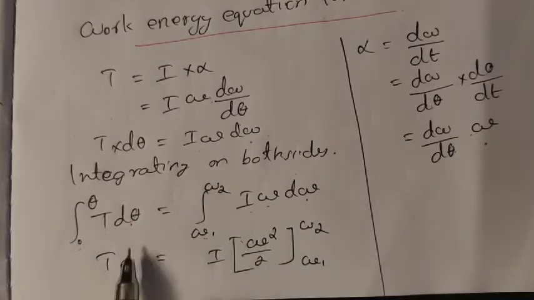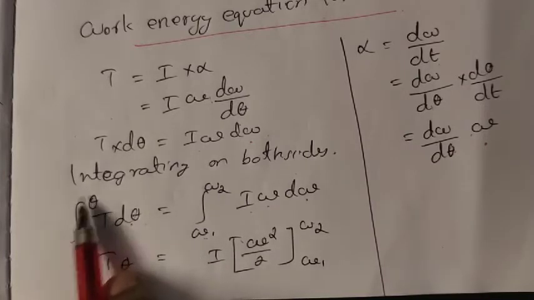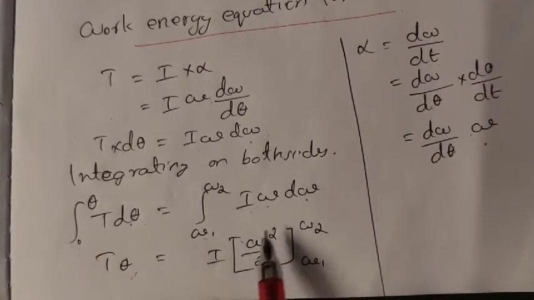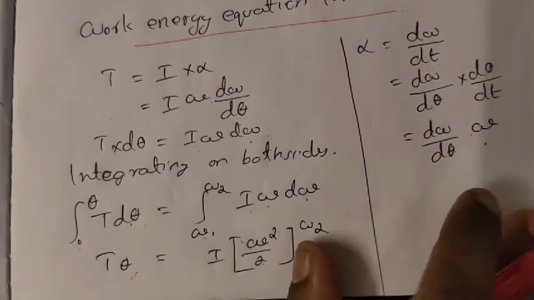Integrating, we get T theta on the left, and on the right omega square by 2 between the limits of initial and final omega.